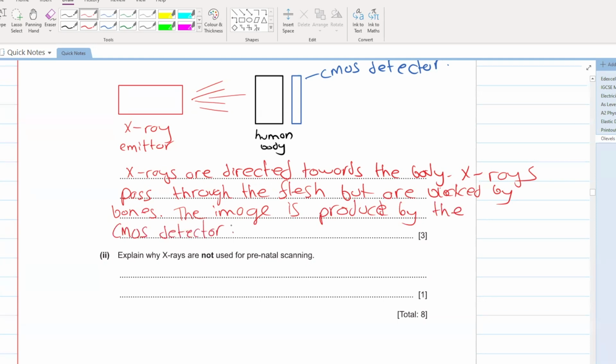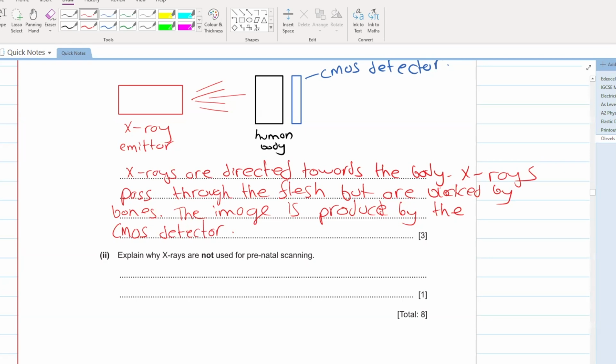Let's further move ahead. Explain why X-rays are not used for prenatal scanning. Now, what is prenatal scanning? Prenatal scanning is the scanning of unborn babies. So why are X-rays not used for prenatal scanning? Yes, because X-rays might cause cancer.